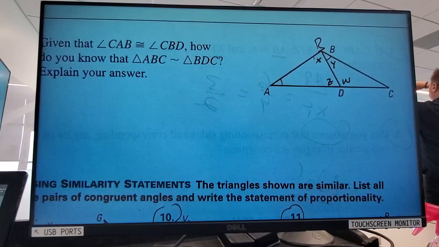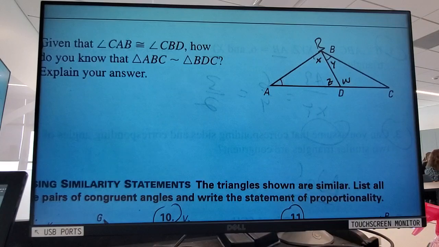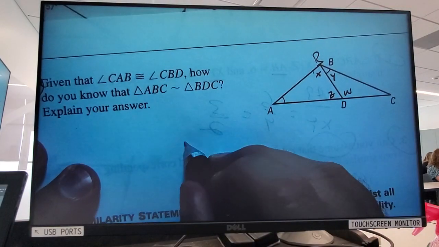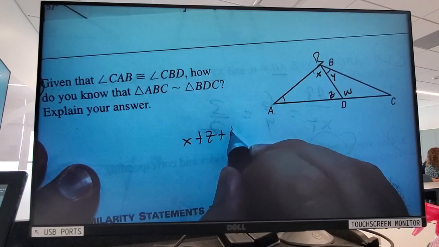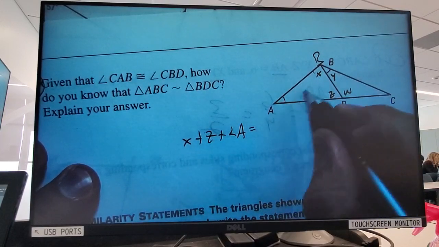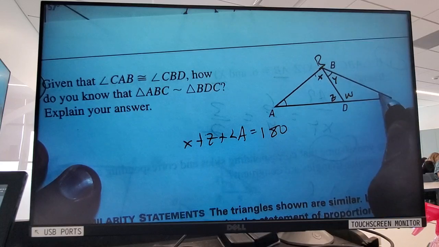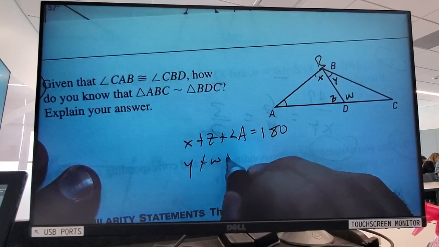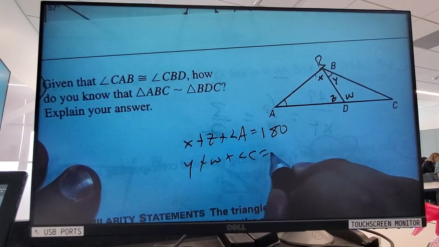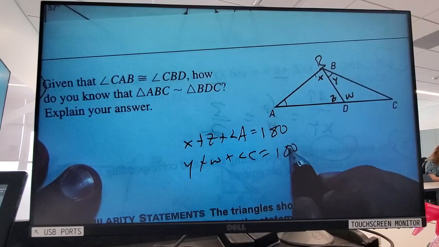180. Cool. So Z plus W is 180. That's one good thing to know. X plus Z plus angle A is 180. Y plus W plus angle C is 180.